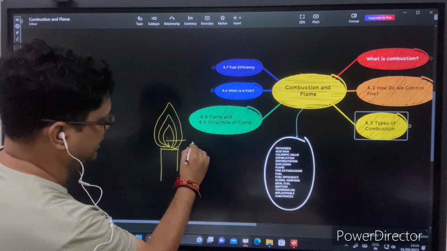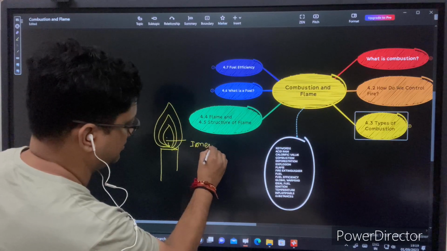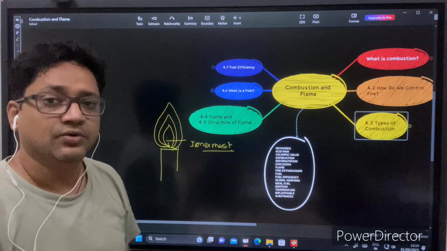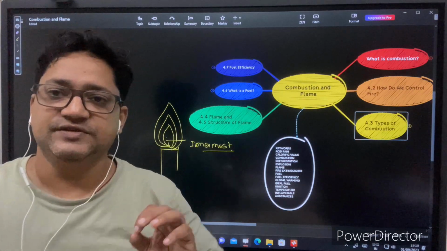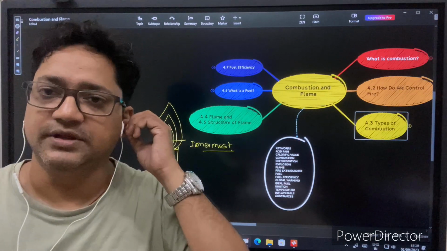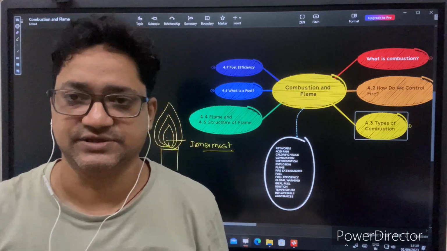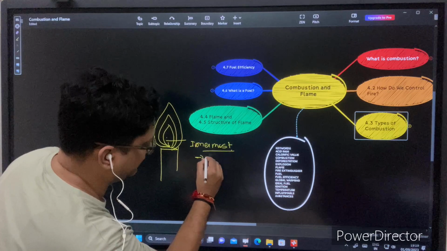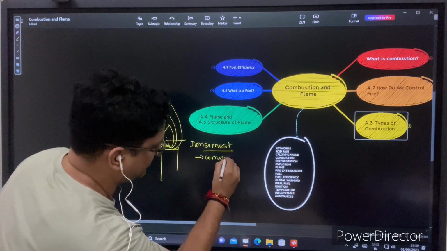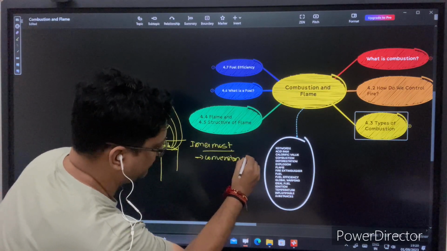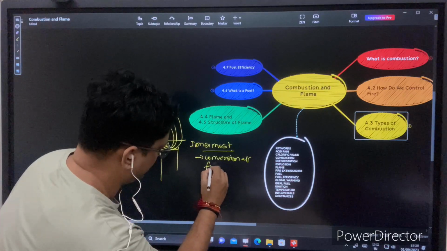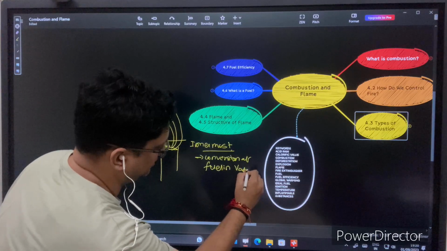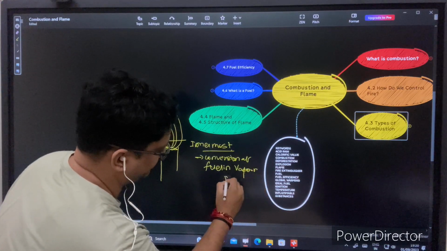The first is the innermost zone, where whenever there is a formation of flame, there is a conversion of fuel into the gaseous form. The innermost zone of the flame is basically responsible for the conversion of fuel into vapor phase.